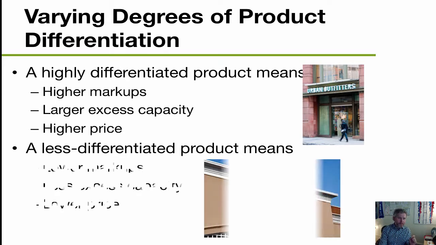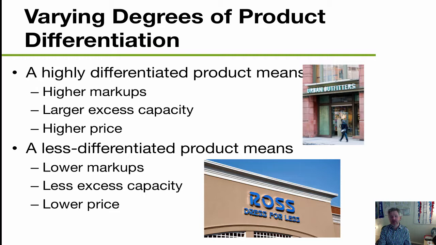Less product differentiation when people don't really care about the differences in products. You get low markups, less excess capacity, and lower prices. So you can really think of monopolistic competition as falling on a continuum between the monopoly model and the perfectly competitive model. And firms may be monopolistically competitive at different points along that continuum.